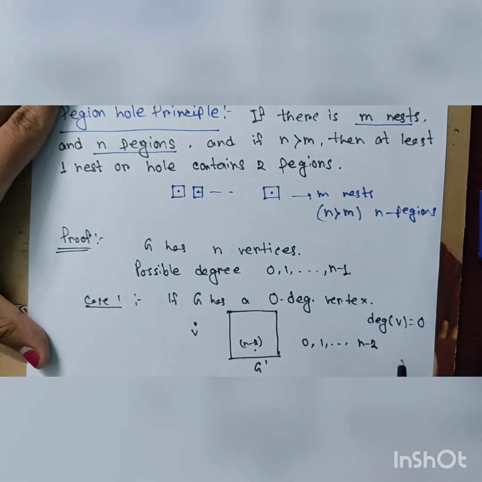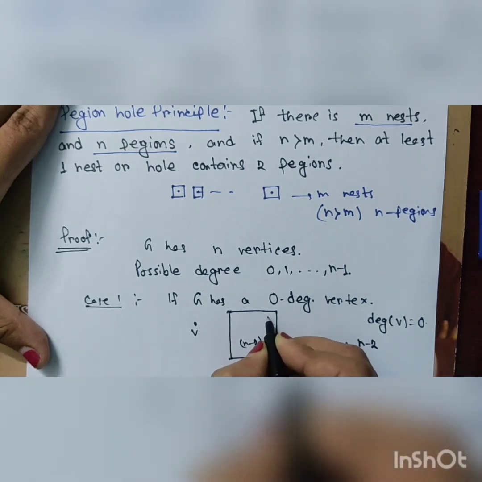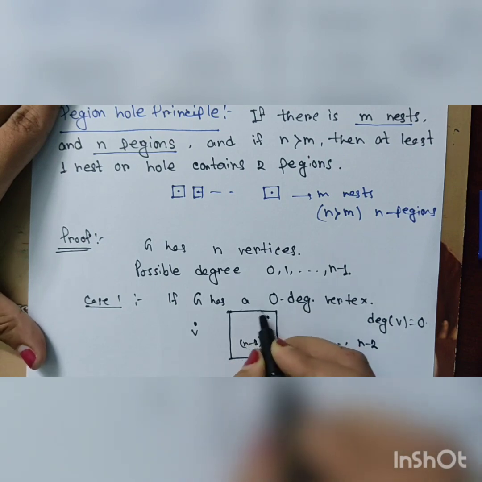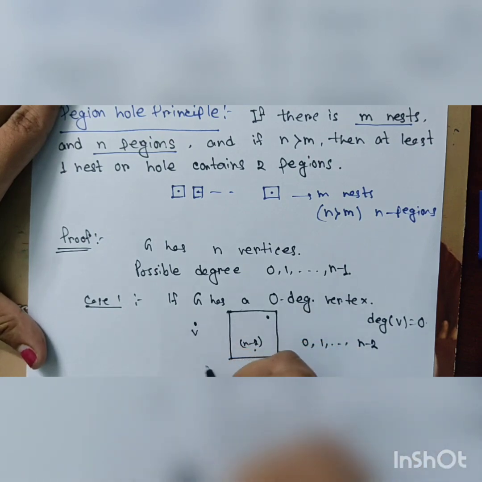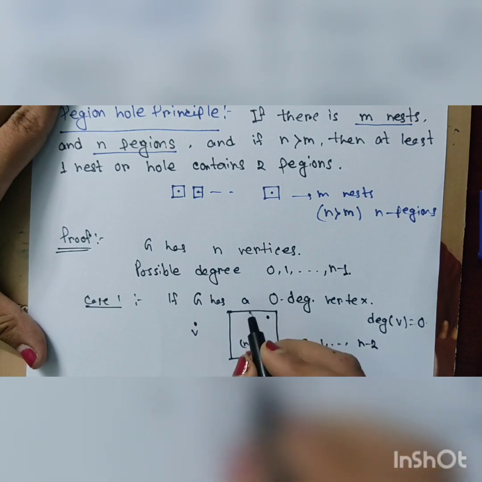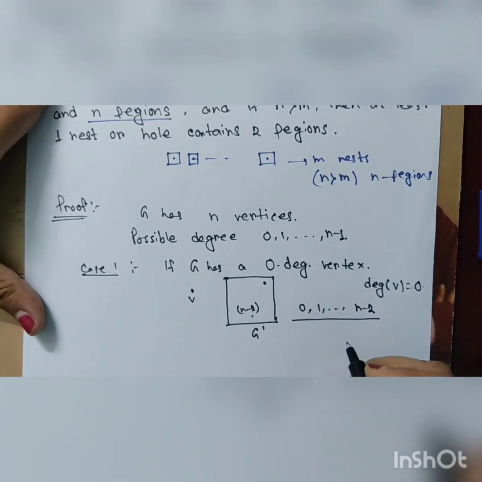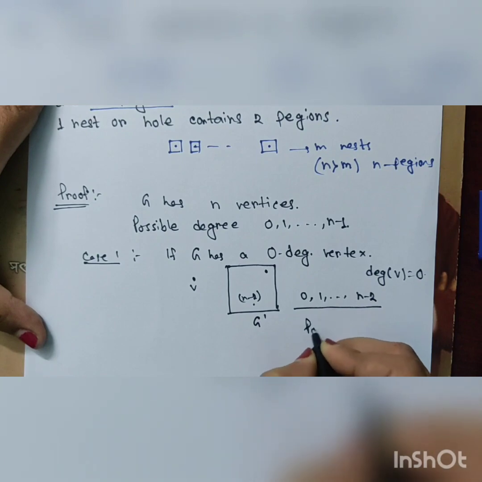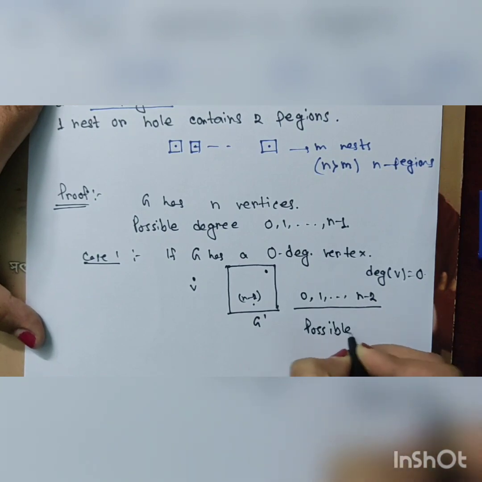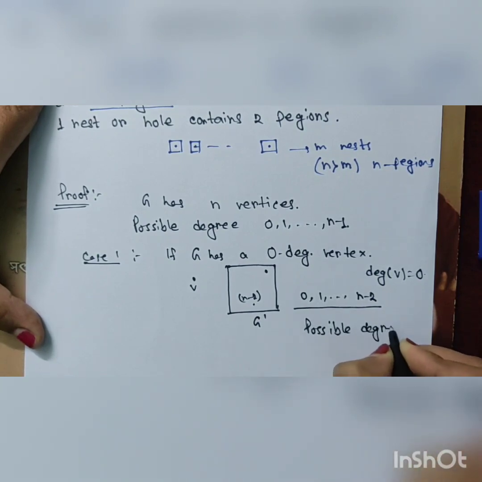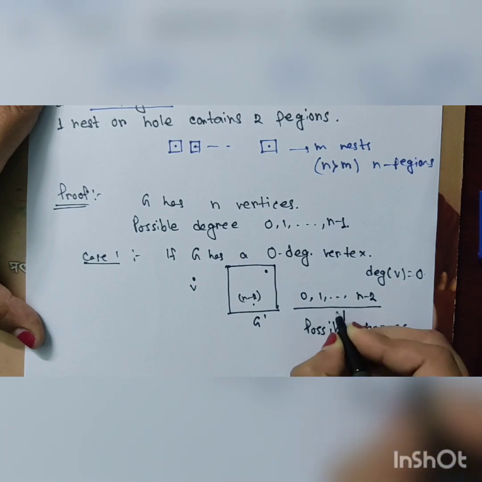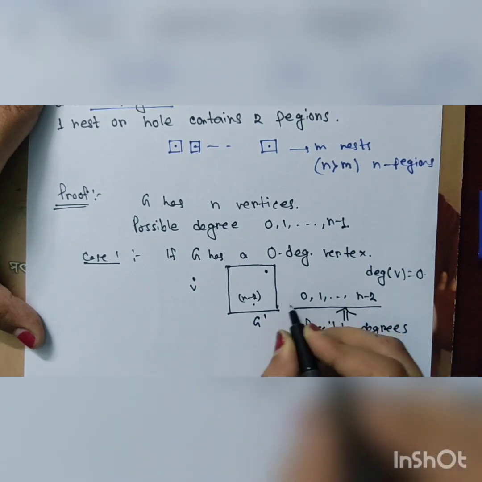Not n minus 1, because if there exists any vertex with degree n minus 1, then it has to be adjacent to all the n minus 1 other vertices, but this V is not adjacent to this vertex. So for this reason the possible degrees are given by 0 to n minus 2.